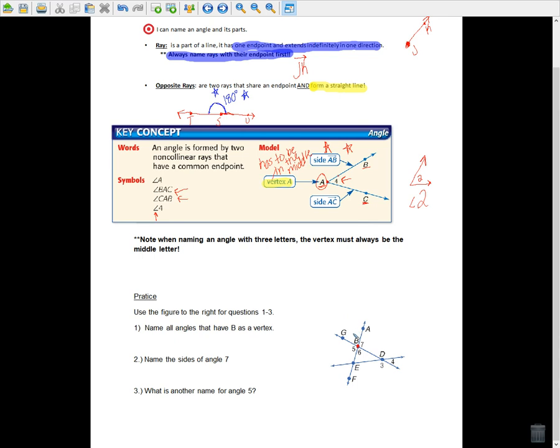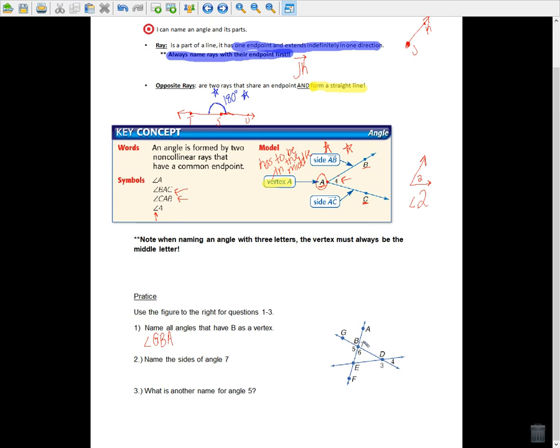So first one I see is this top one. I'm going to shade it in here for you guys. Right there. I'm going to erase it now so we can see B. So I'm going to call this one, I know I need G and I need B and I need A. B is the vertex, so as long as I have B as the vertex, we should be fine. So GB and A, angle GBA. That is what I would call this top angle.